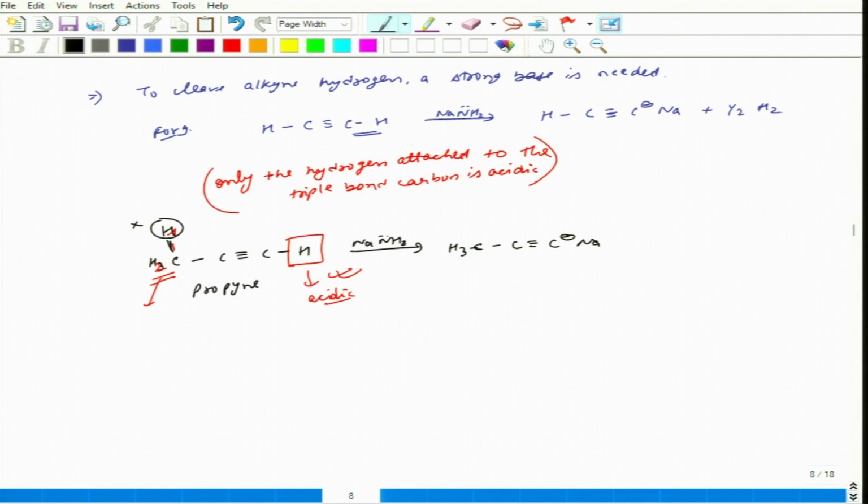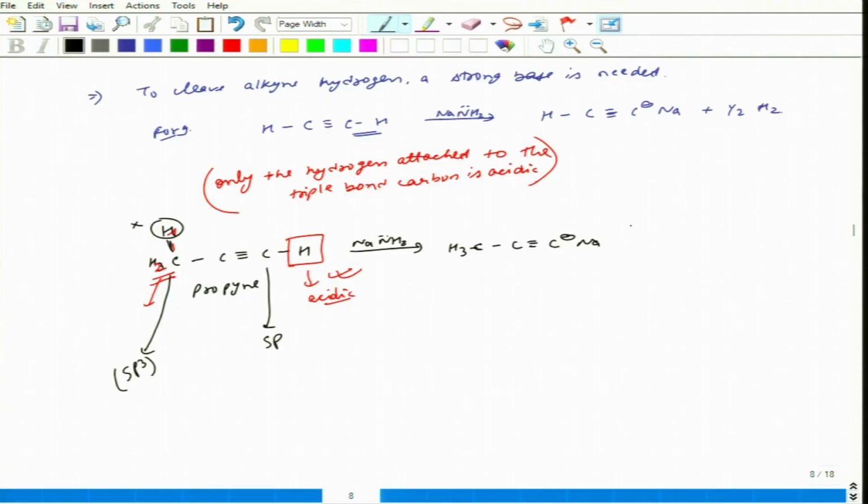because that carbon is sp hybridized. This carbon is sp hybridized, and this carbon is a normal sp3 hybridized carbon. So it is a normal alkane type of part, although its electronegativity is a bit higher than that of a normal alkane because there is a C triple bond C beside it, but it will not be enough for the sodamide to abstract this proton. Only the proton attached to the triple bonded, or sp hybridized, carbon will be abstracted.